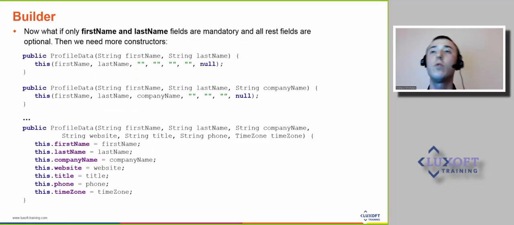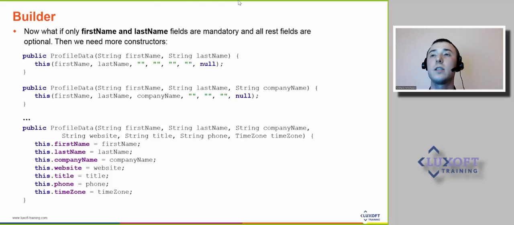And now what if only two fields, first name and last name of our class, are mandatory and other fields are optional? So we need to create an object with two mandatory fields each time, first name and last name, and then we can create an object with different last optional parameters.